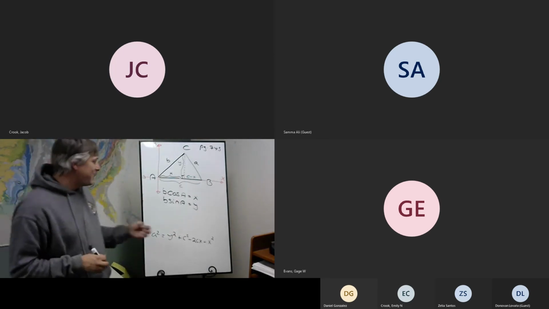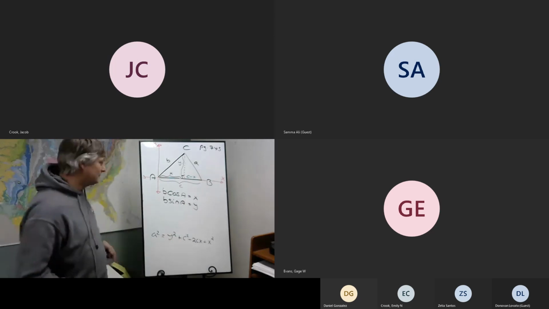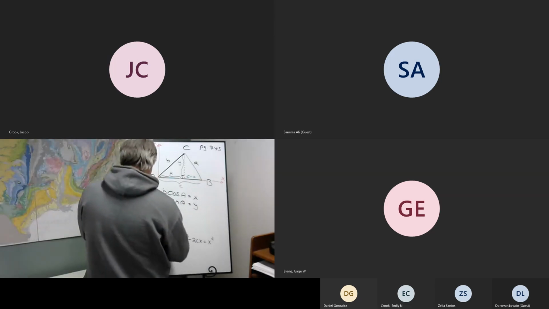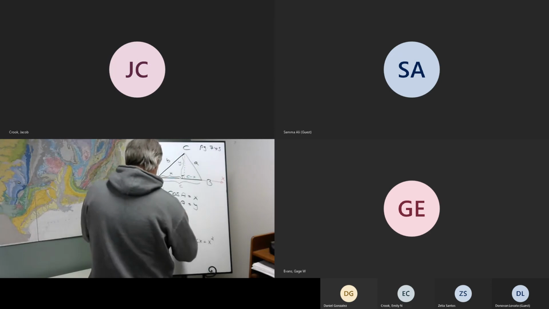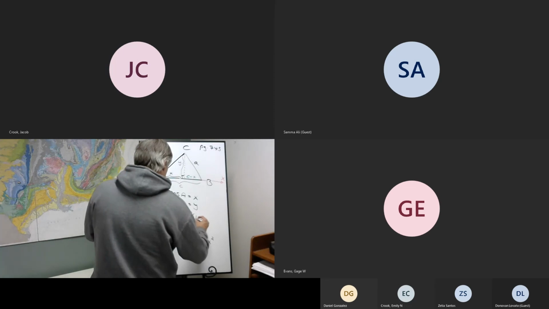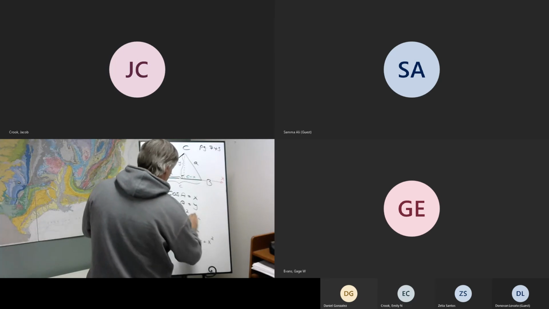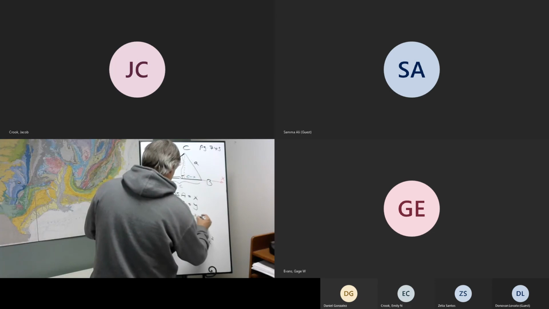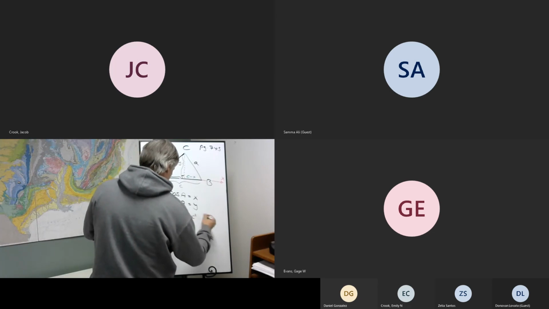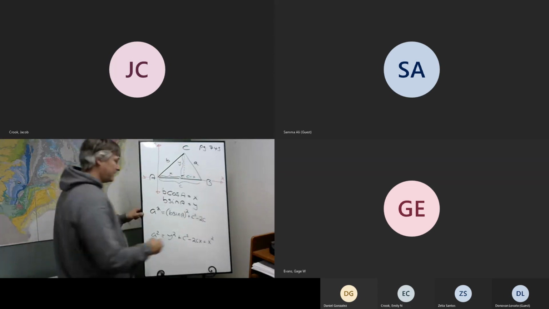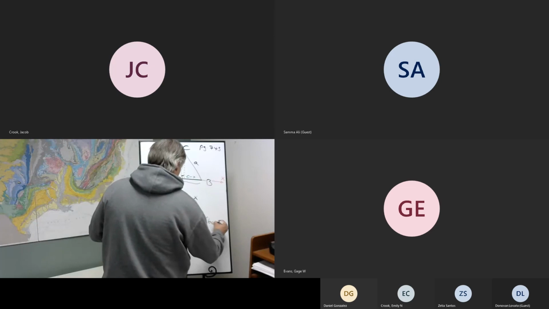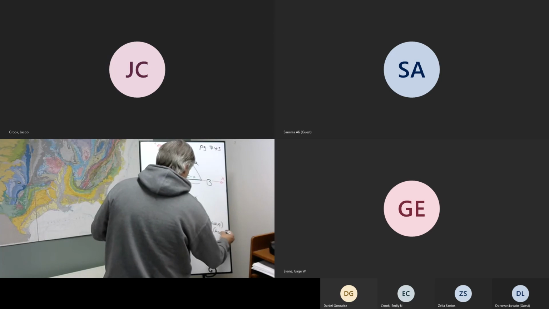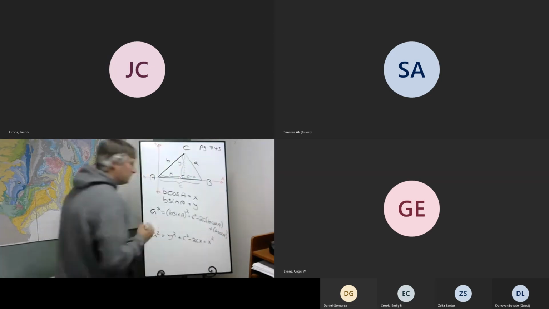So now that we have our x and y, we can substitute. So we'll get a squared is going to be b sine A squared plus c squared minus 2c times b cosine A plus b cosine A squared.